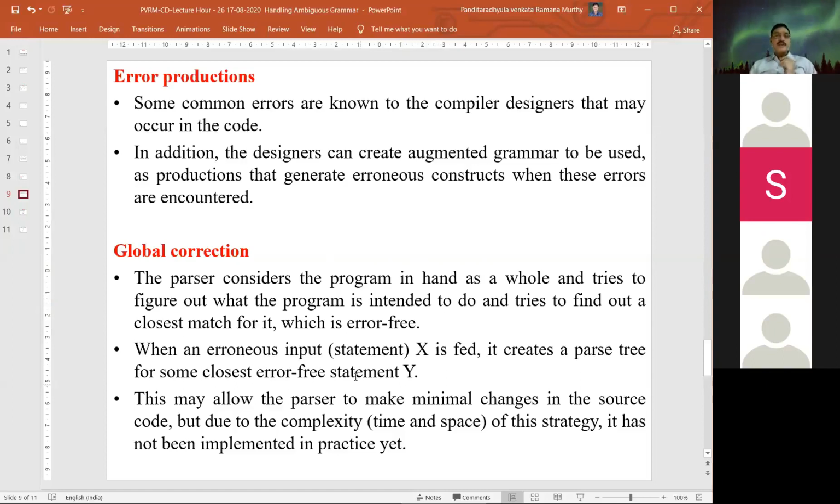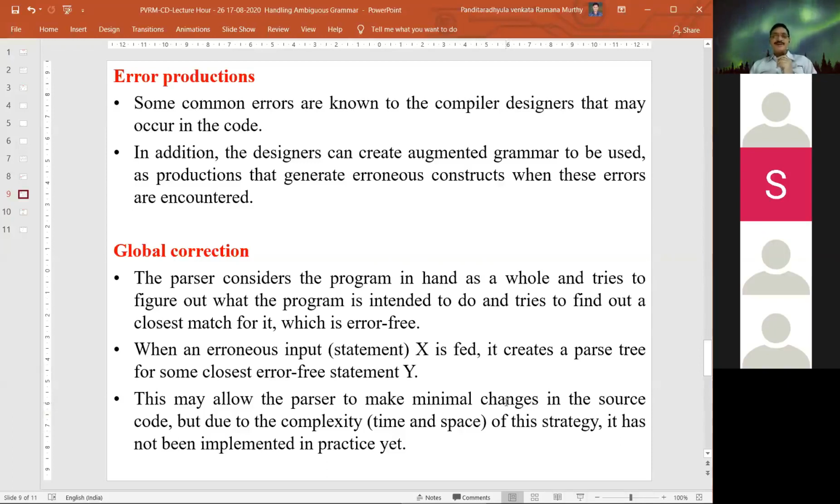When an erroneous input statement X is fed, it creates the parse tree for some closest error-free statement. It tries to identify at the global level a parse tree which is closest to the possible error-free statement. This may allow the parser to make minimum changes in the source code.